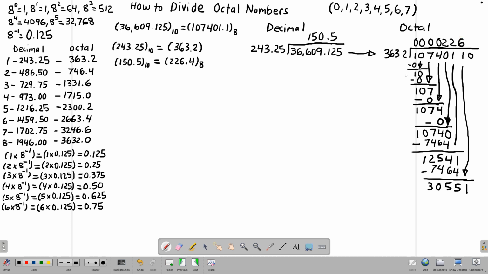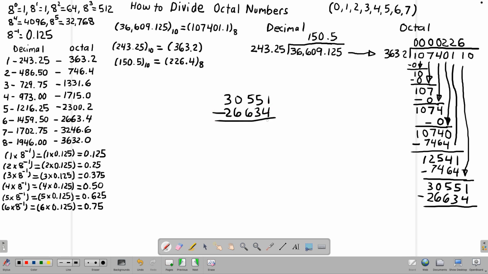And then 6 times 3632 will give us a value of 26,634. And then we subtract. So let's put that out here. 551, 26,634, and subtract.